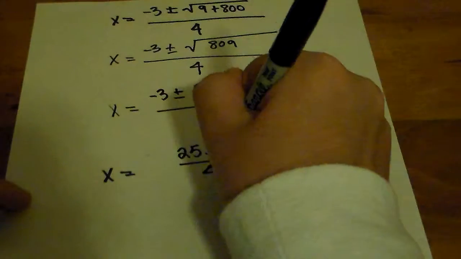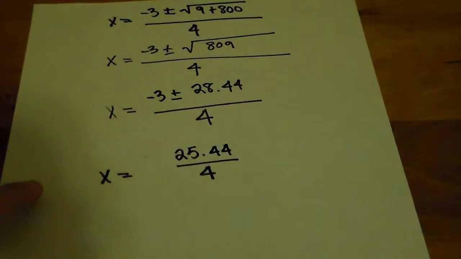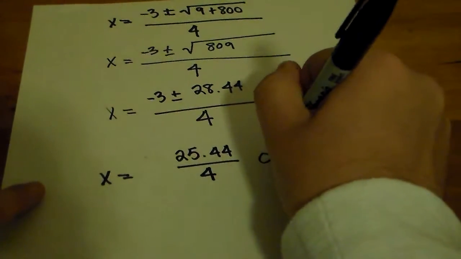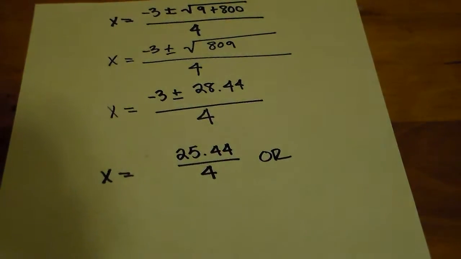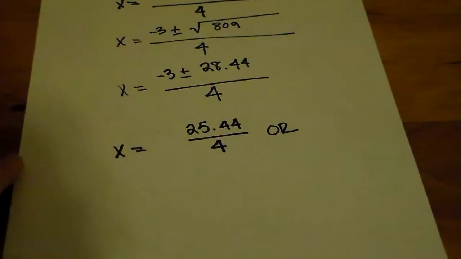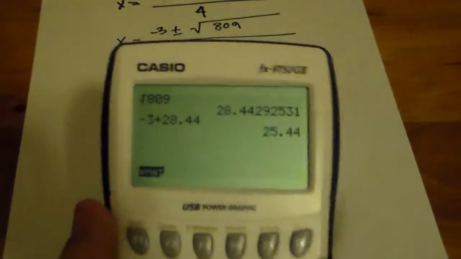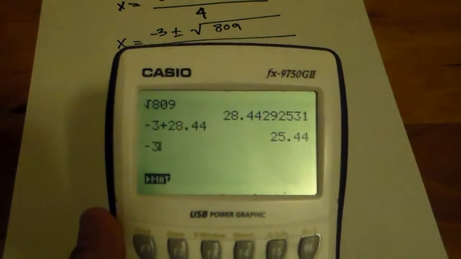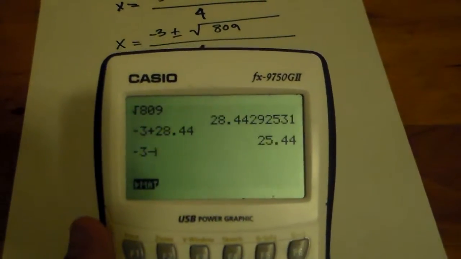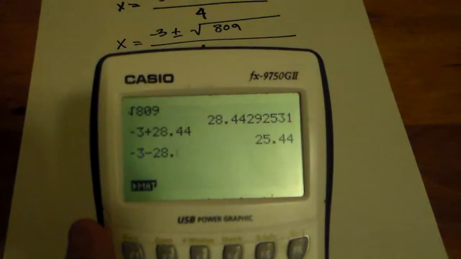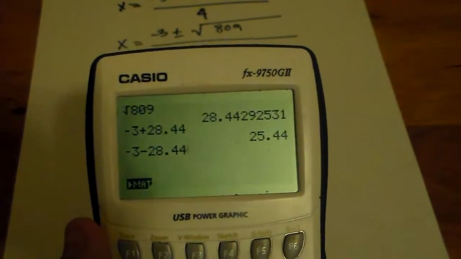Now we'll do the subtraction portion, so it's negative 3 minus 28.44.